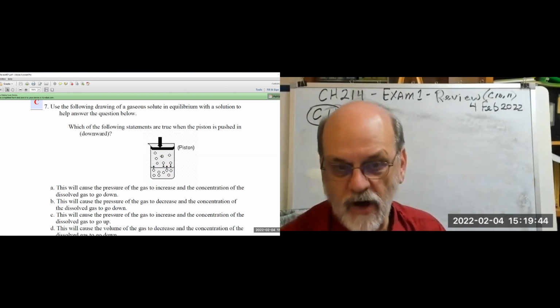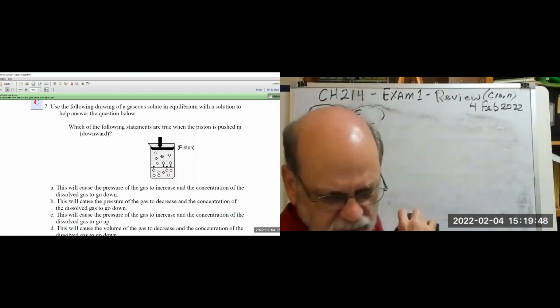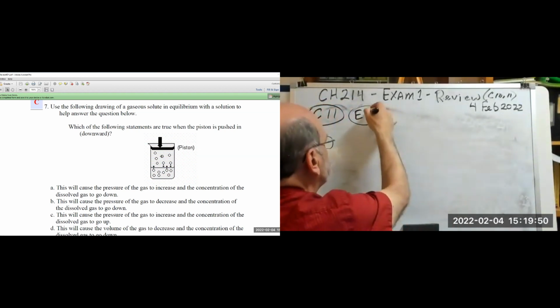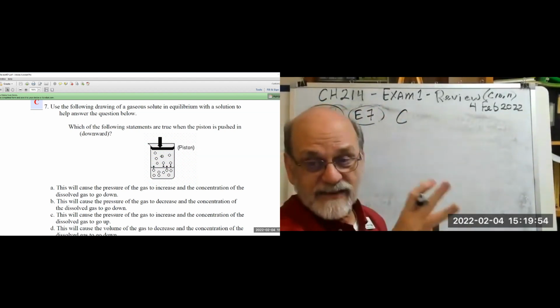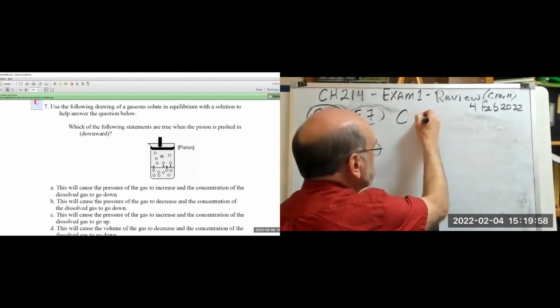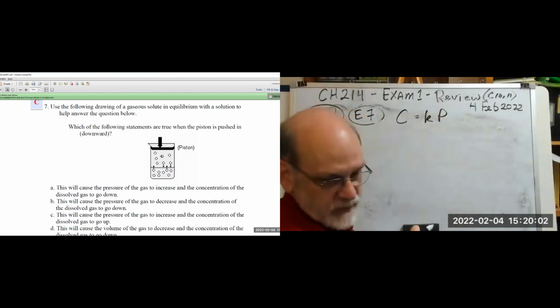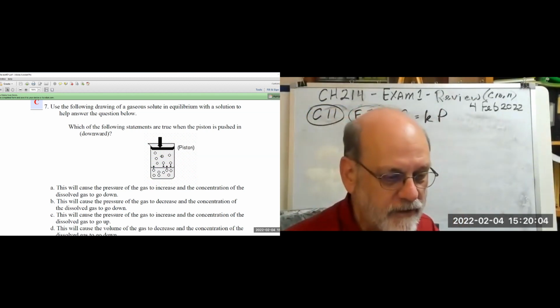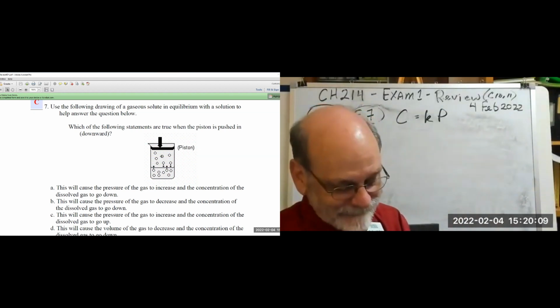This is Henry's law. And Henry's law is, number 7, the concentration of that gaseous solute in the liquid solvent is equal to some constant times the partial pressure of the gas. Okay?